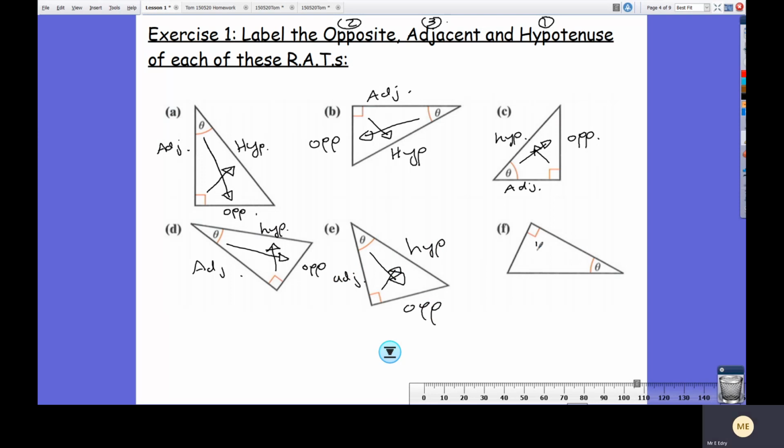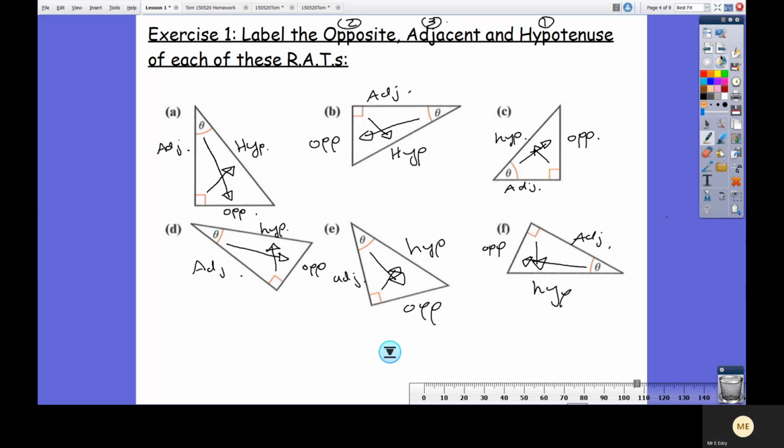And here, hypotenuse, opposite and adjacent here. I mean, if you look at F, actually, it doesn't look anything like A. It doesn't even look like a right angled triangle. But if you draw the arrows, you can't go wrong. Okay, so hopefully you should have marked your answers by now.